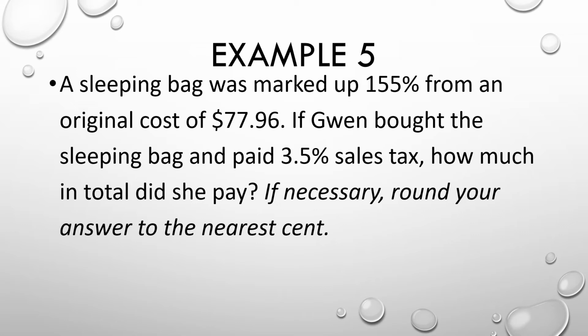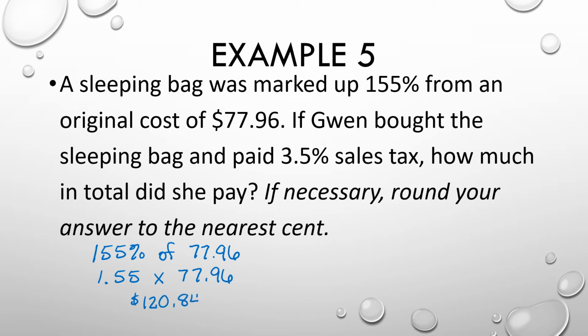Okay, so we've got to do 155% to figure out what the markup was. So 155% of $77.96. So that is 1.55 multiplied by 77.96, which gives us 120.84.